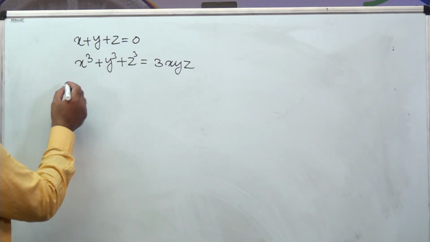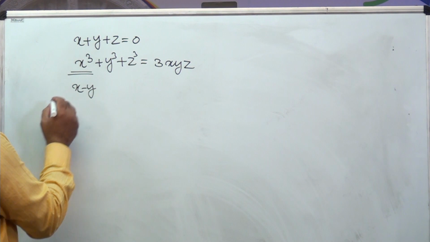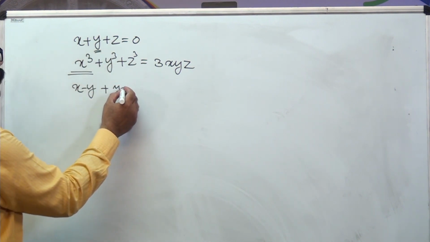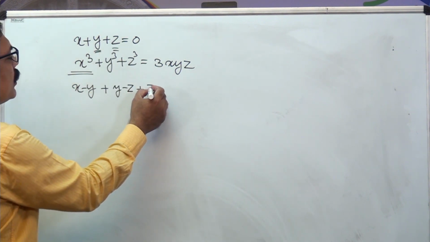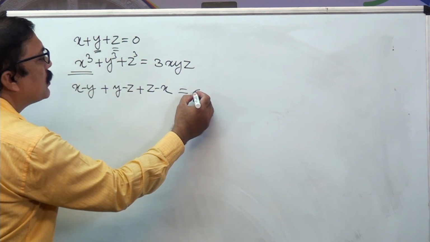Now you see, in place of x it is written x minus y. In place of y it is written y minus z, and in place of z it is written z minus x. So what is the sum? Here the sum is 0.